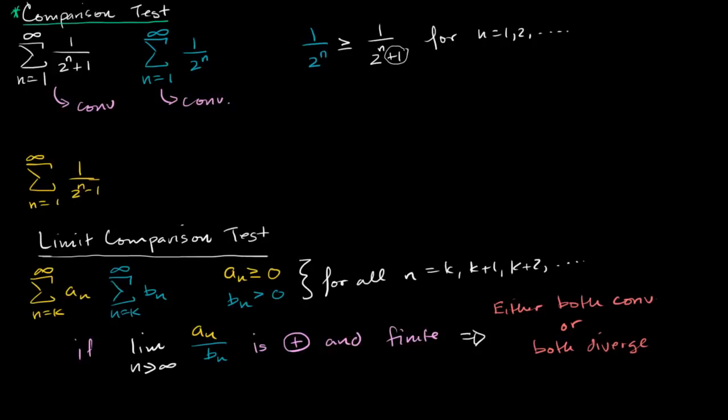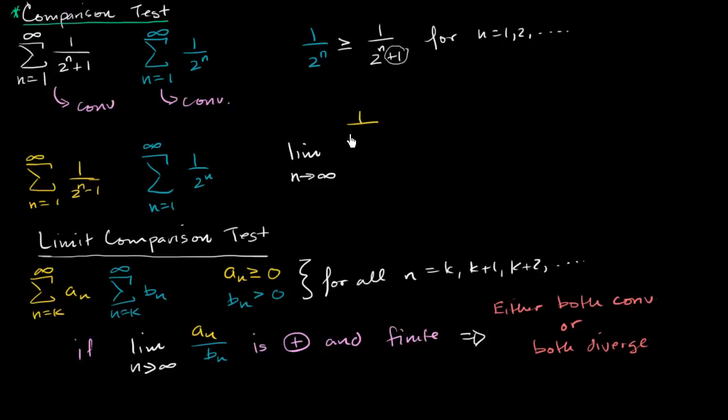If we say that our b sub n is 1 over 2 to the n, just like we did up there, then we're going to compare these two series right over here. Notice it satisfies all of these constraints. So let's take the limit as n approaches infinity of a sub n over b sub n.